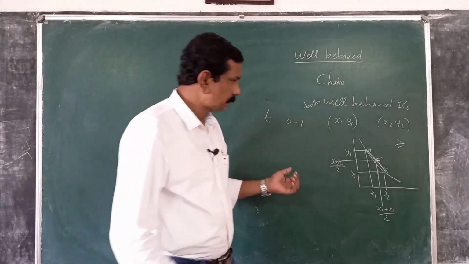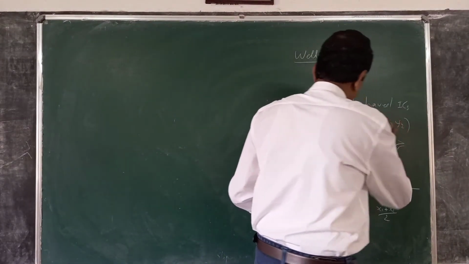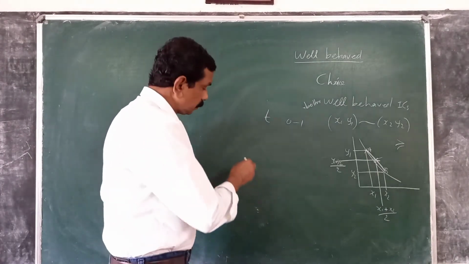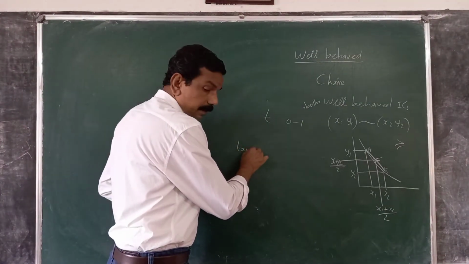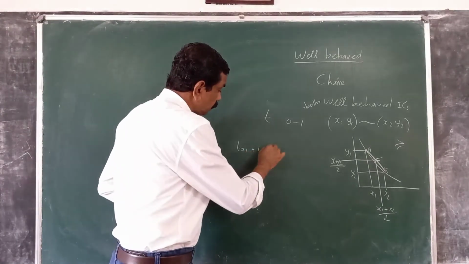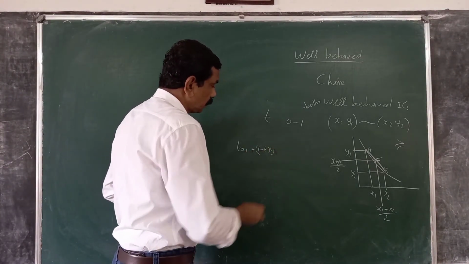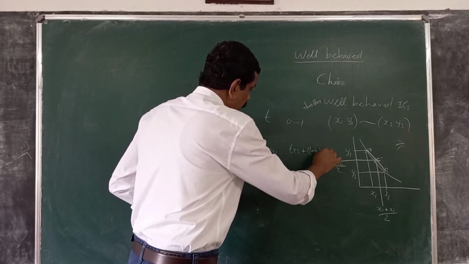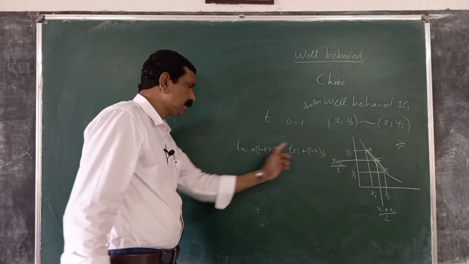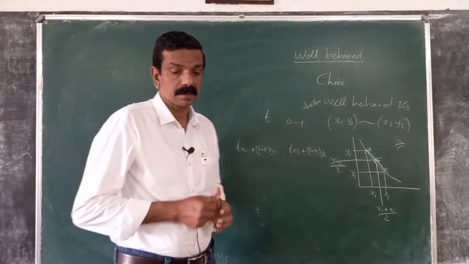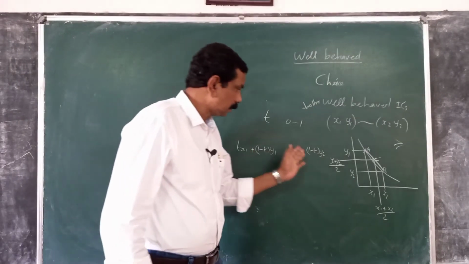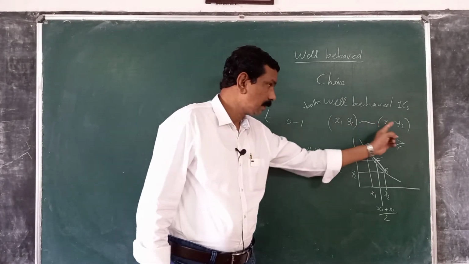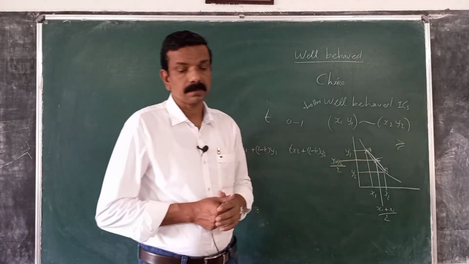And suppose that the consumer is indifferent between X1, Y1 and X2, Y2. Then you consider an average, t X1 plus (1 minus t) Y1, then t X2 plus (1 minus t) Y2, with a different weight t and 1 minus t. Again, this bundle is preferred to the original bundles.